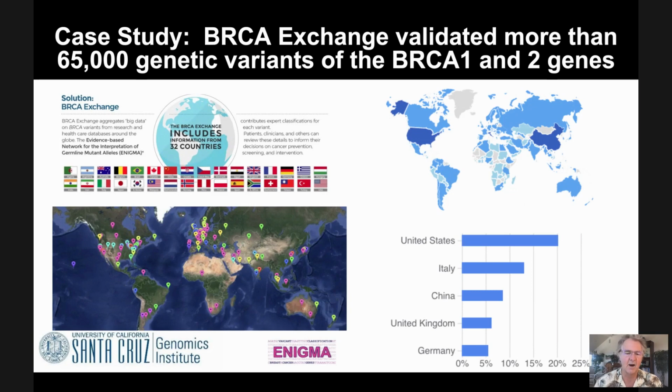And these are analyzed by another international consortium, the Enigma Consortium, by experts and rated according to pathogenicity. The goal here is that no woman should ever in the future get a result that you have a variant of uncertain significance in your BRCA gene.